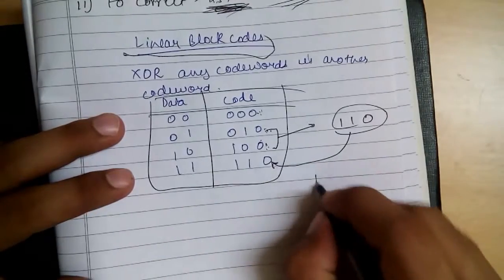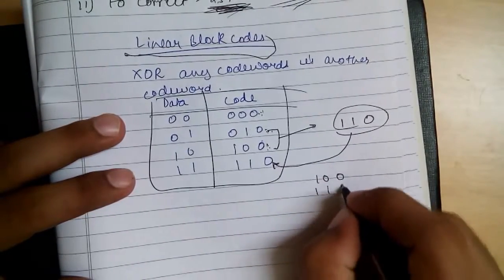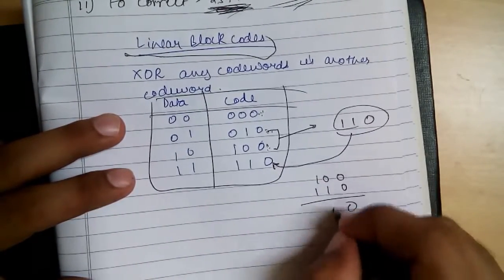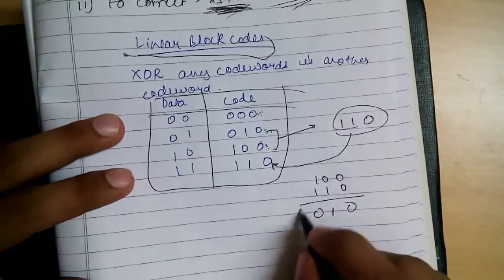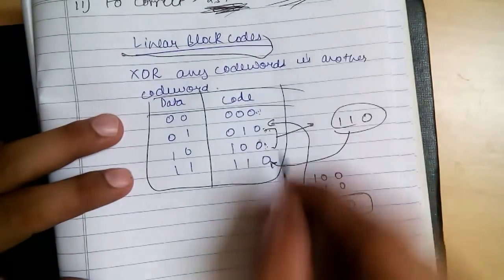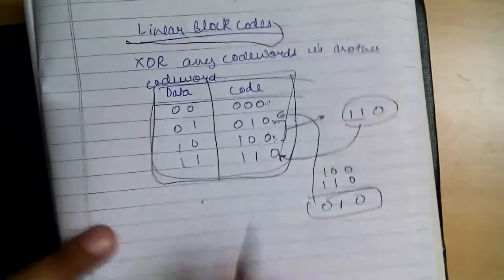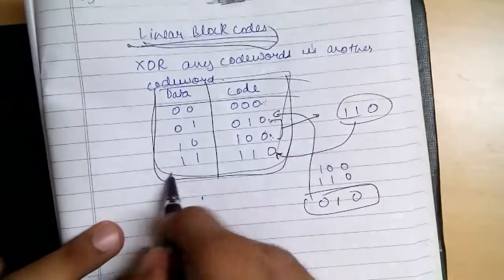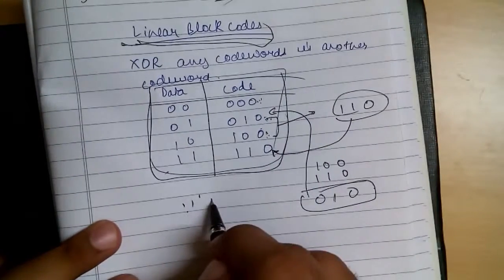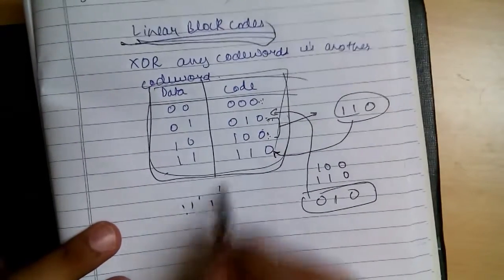And if I XOR this 100110, then I get 010010, which is also part of the table. So the coding we used before also belongs to the linear block codes. This is how we check whether the given coding scheme belongs to the linear block codes or not.